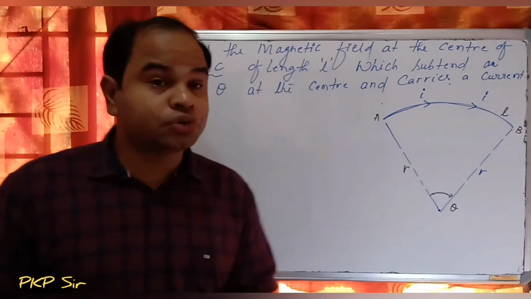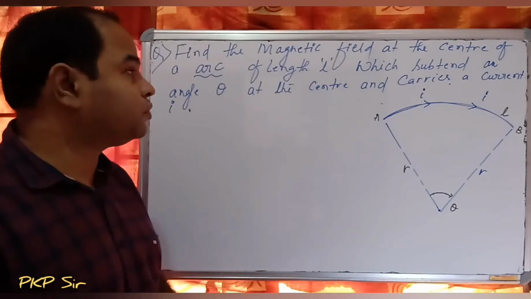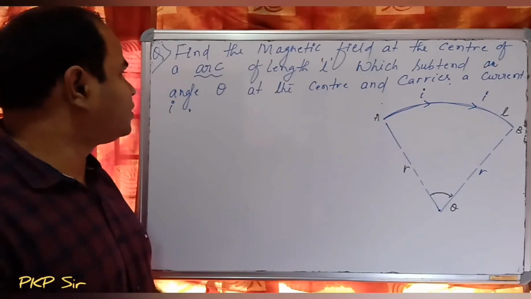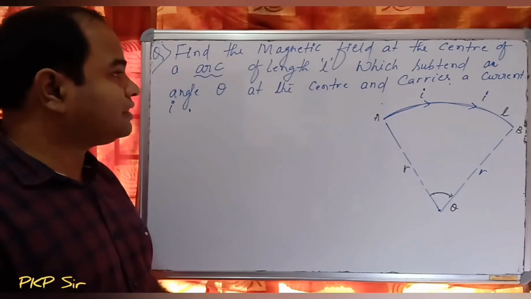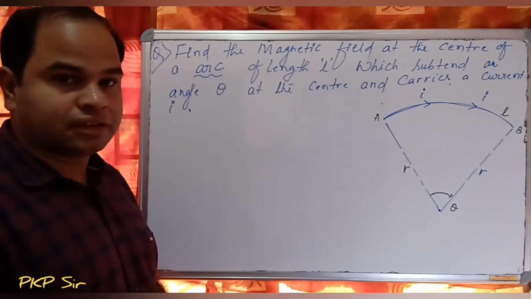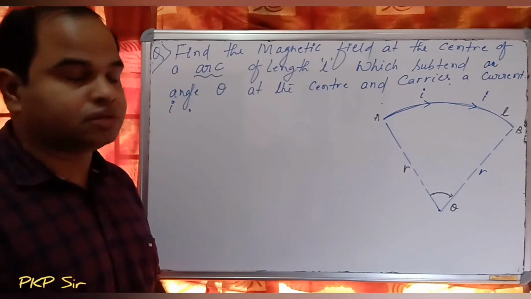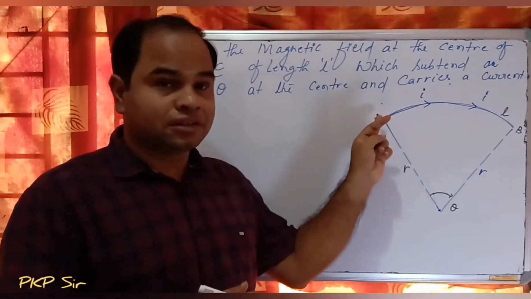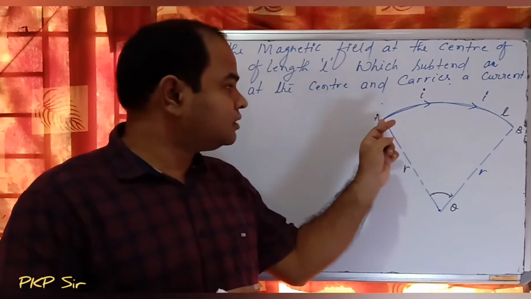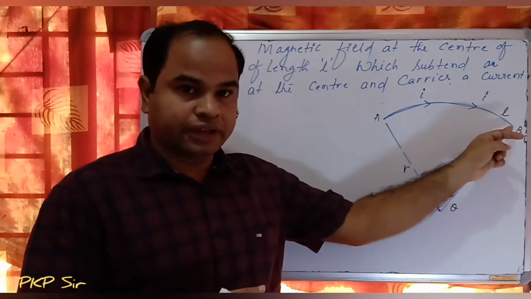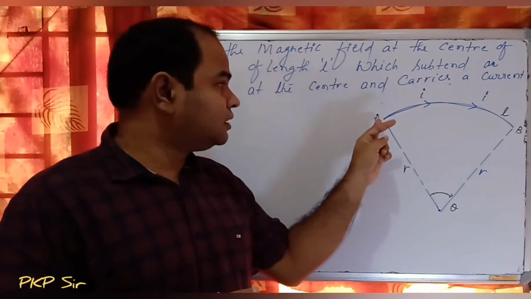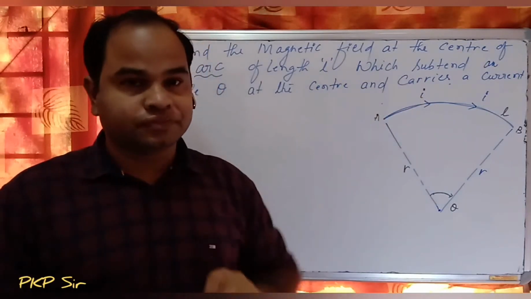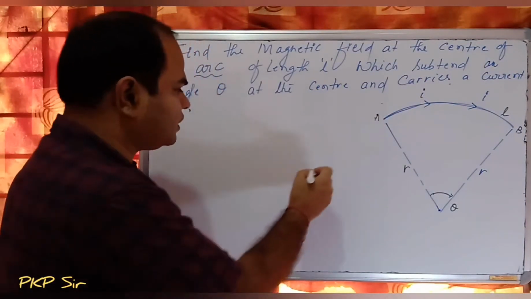Next we will do a question cum theory, and this is important. The question is, find the magnetic field at the center of an arc of length L subtending an angle theta at the center, and it carries a current I. So a conductor of length L is in the form of an arc, and this conductor carries a current I. What is an arc?